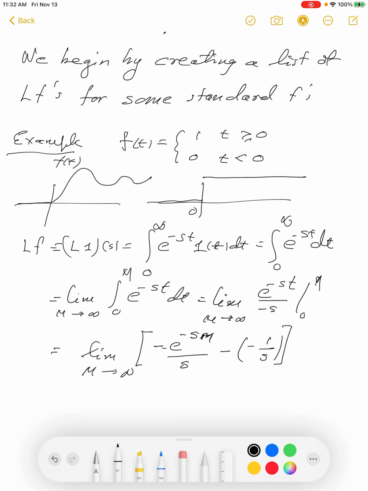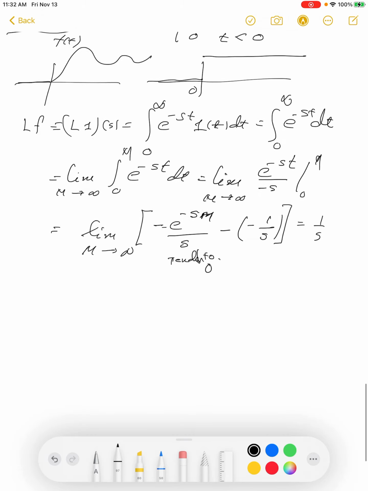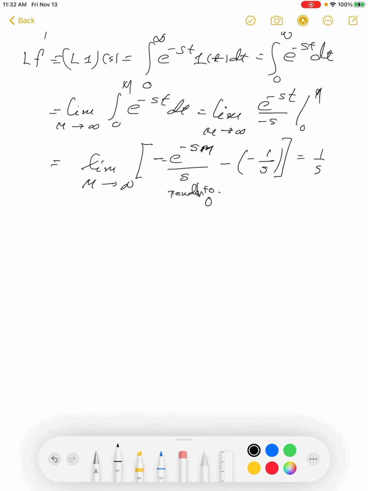And so if you look at this limit, this will be just 1 over s, because the exponential term tends to 0. So we have our first important rule: the Laplace transform of the function 1 at s is 1 over s.